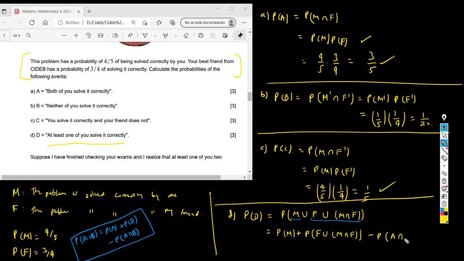So it's going to be this intersection, all of this thing. Like this, okay? And as you can see, all of this is quite complex. I'm going to get into too much trouble trying to solve the problem in this way.